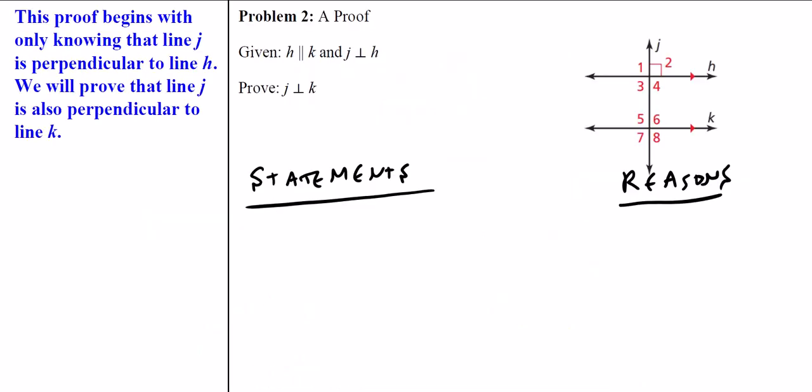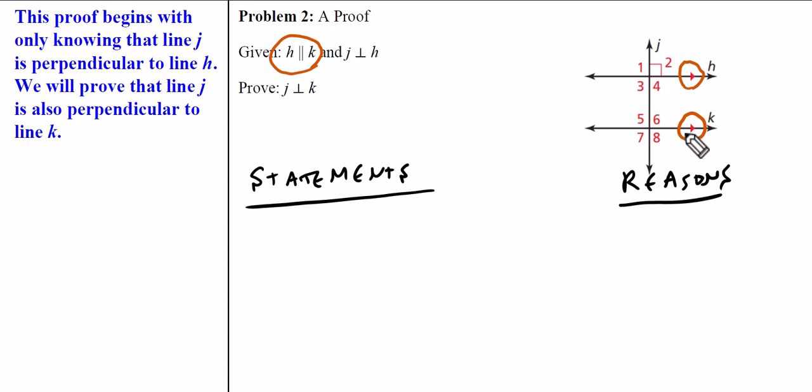Let's do a proof. As we continually do proofs throughout this entire school year in geometry, please be aware that we will always be using former properties, theorems, and definitions, along with new ones that we learn in every proof that we do. Let's first study out what's been given. We have been given that H is parallel to K. You'll note that it's been labeled for us already. It has the feathers.